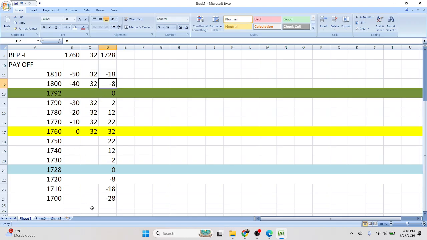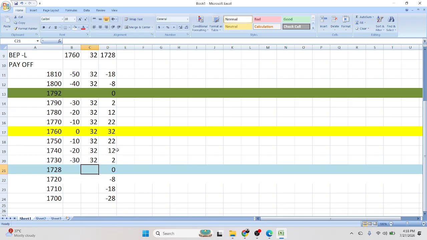Same thing for this scenario as well. So here we have the loss of 10 points, but we have received the premium of 32 points. So still we are in a profit of 22. Here would be the loss of 20 points. Here would be the loss of 30 points, but we have received the premium of 32.